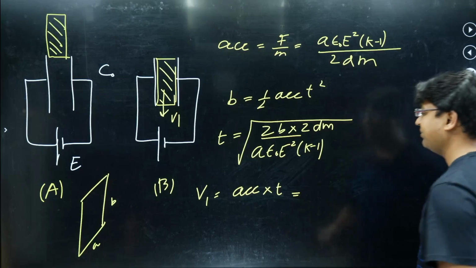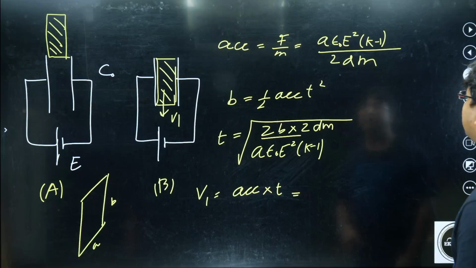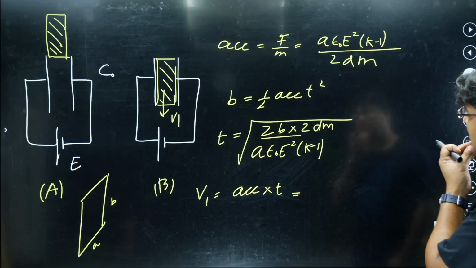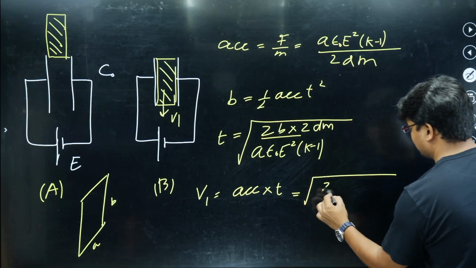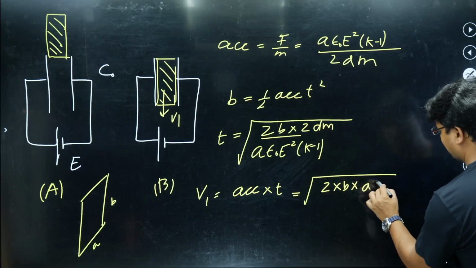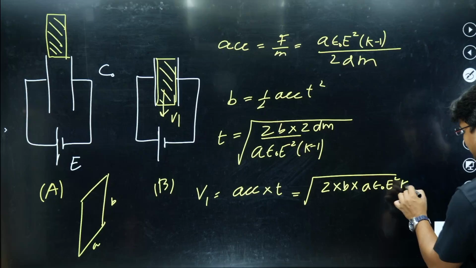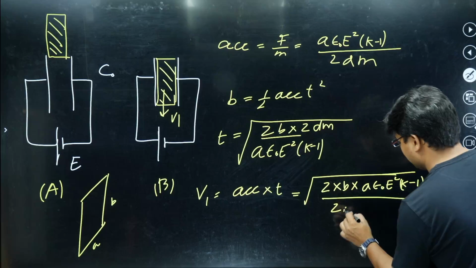So there are multiple ways. If we use acceleration into time, what will happen? It will ultimately become root of 2 into displacement into acceleration, which is a epsilon naught E square into (K minus 1), divided by 2dm.